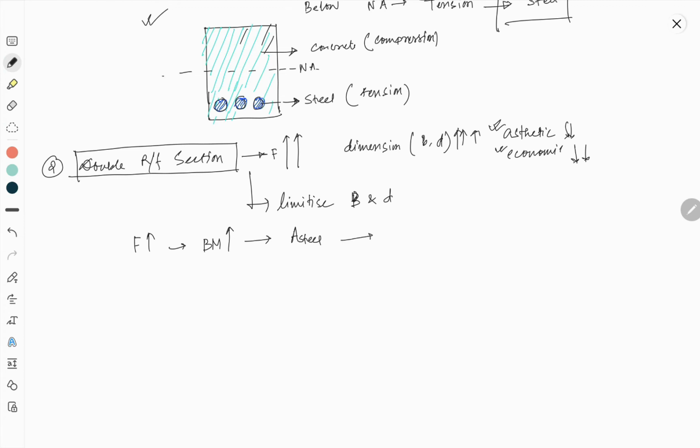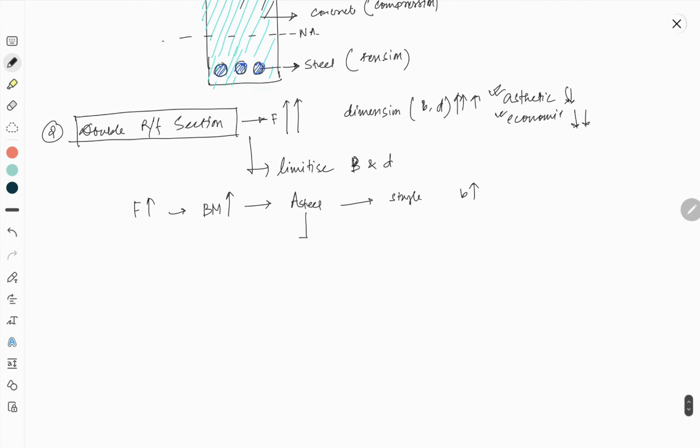If we apply it in a single layer, then B will increase. So what we'll do is provide this steel not in a single layer but in multiple layers.